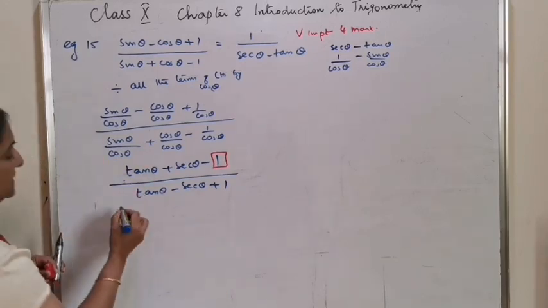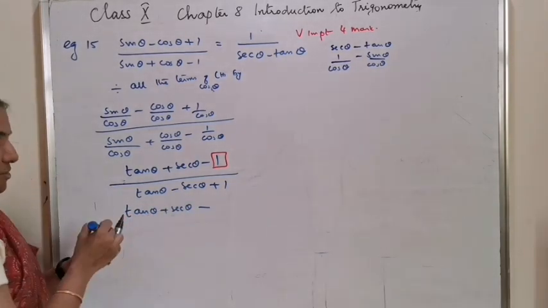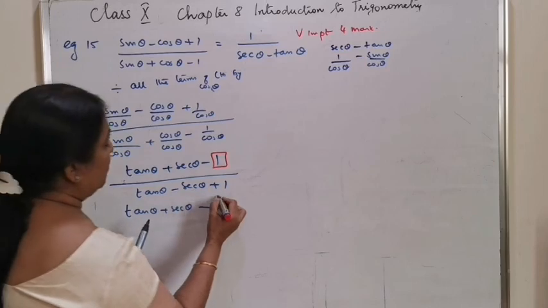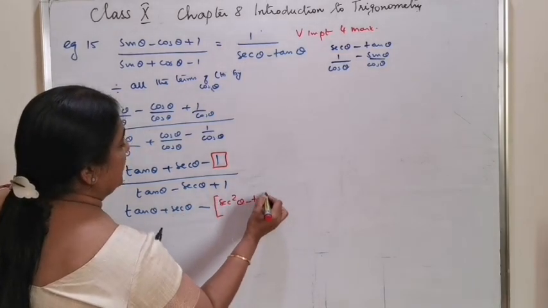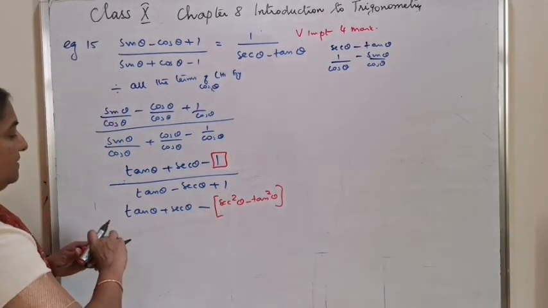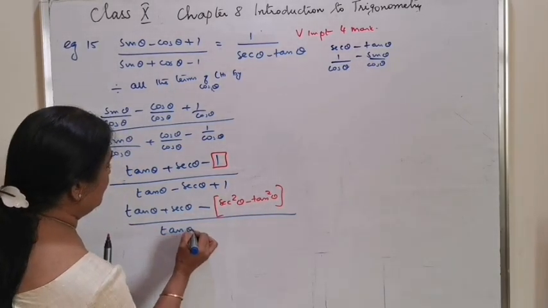So tan theta plus sec theta will be retained as such, minus that 1 written as sec square theta minus tan square theta, divided by the denominator, no change.